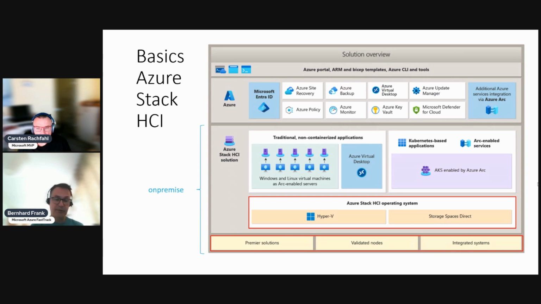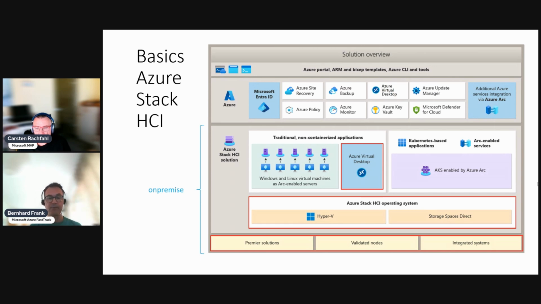So you register those with Azure, and then you launch the full installation for the Azure Stack HCI cluster from the cloud. Once you have done that, you can run workload on top of it. That's either virtual machine based or based on a Kubernetes system, meaning running in containers. But the workload that we are going to deploy here is Azure Virtual Desktop.